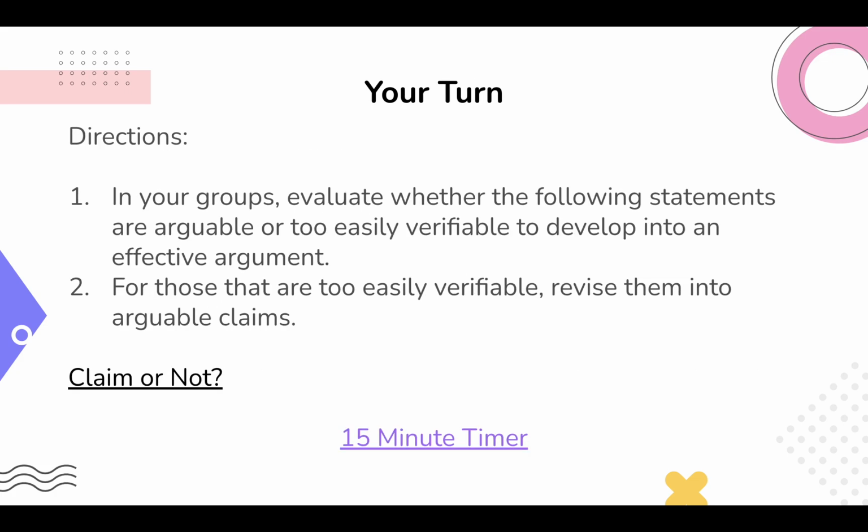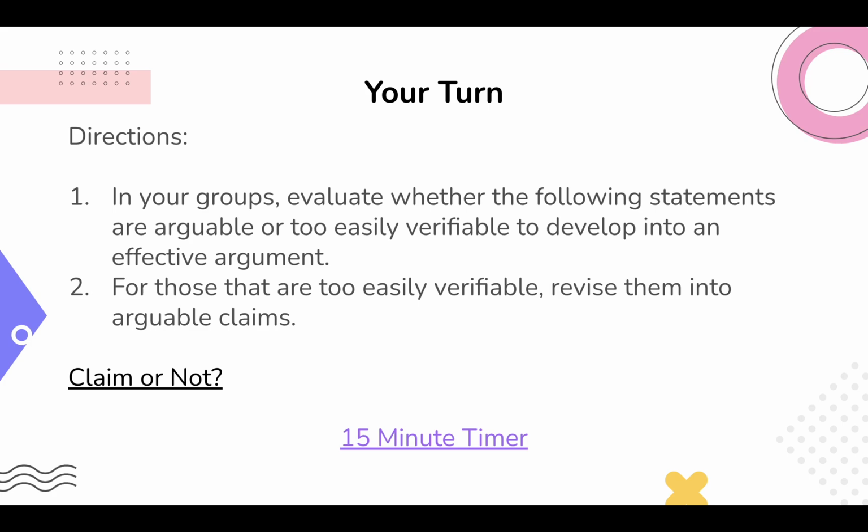What I'm going to ask that you do now is pause the video when I'm done giving you directions and open up the assignment in Schoology that is entitled Claim or Not. What you're going to do, either by yourself or in your groups, is evaluate whether the statements that I give you are arguable, or are they too easily verifiable to develop an argument?